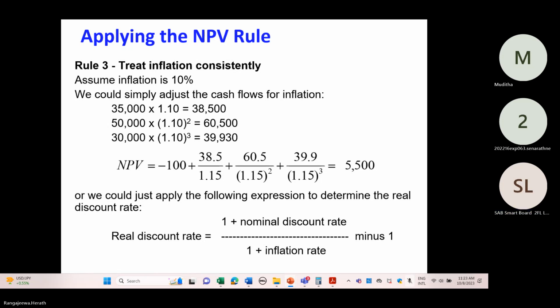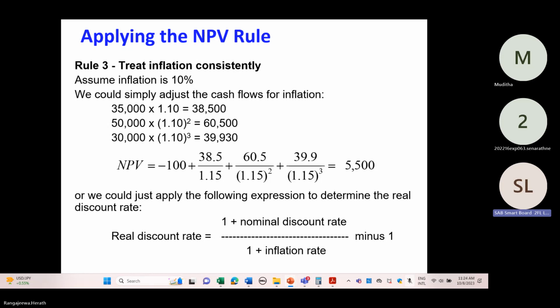Right? Or you could have used the real discount rate instead of nominal discount rate and discount these real cash flows using the real discount rate.